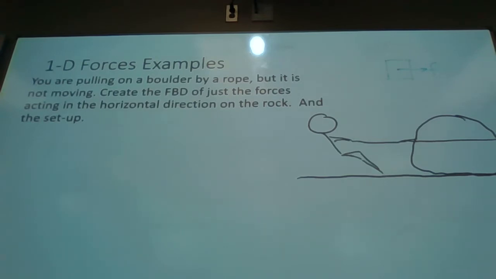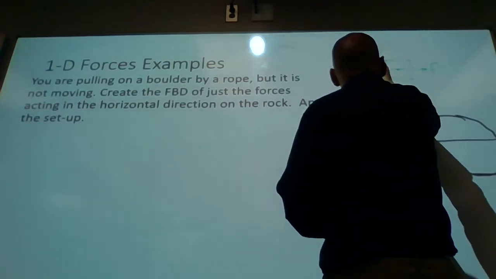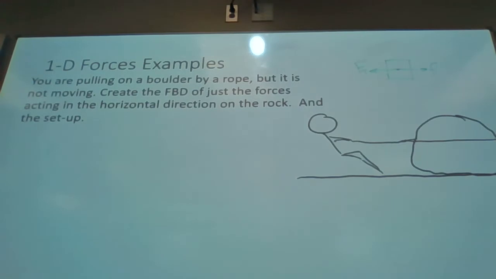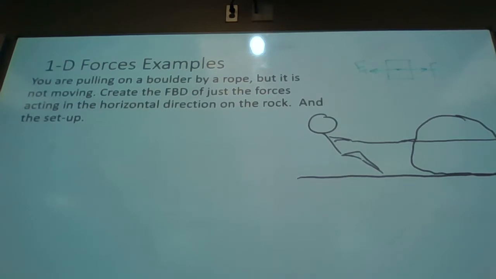The rope or the person? Rope. So therefore, it is a force of tension rather than applied force. So you have tension going this way. That, my friends, is the free body diagram for that scenario. Not too bad, yeah?